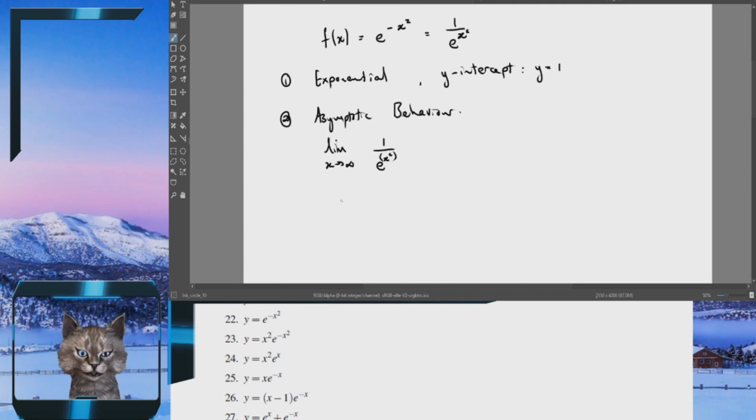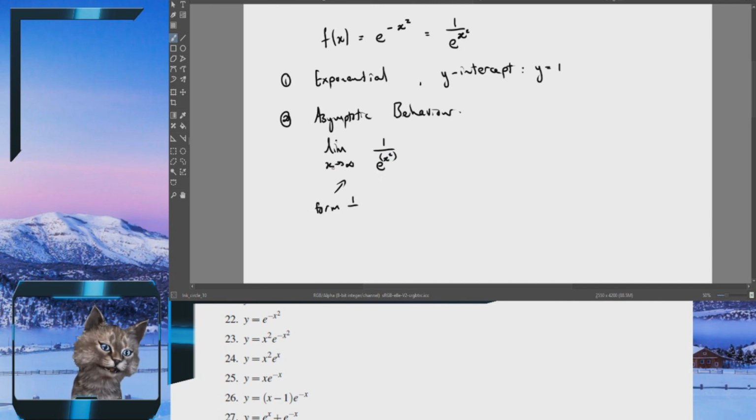So now, if I look at the form of this limit, we look at just how the numerator is behaving. 1 doesn't change. Just how the denominator is behaving. And with a positive exponent, it makes it a little easier. So I know it's e to the something. If that something, how does that something behave?